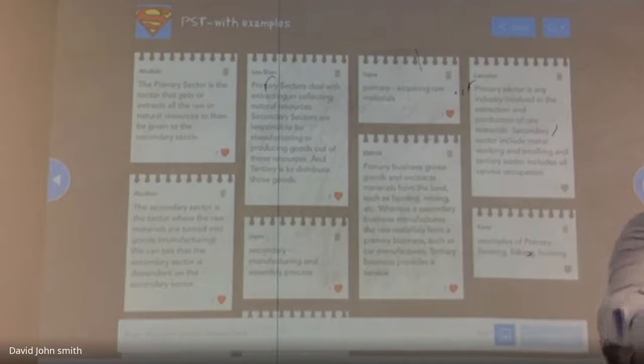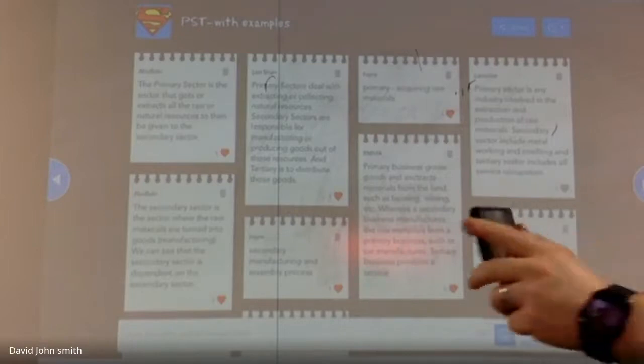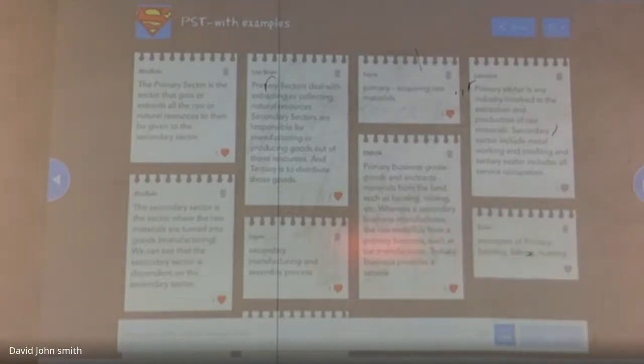So that's the right angle. Just put it on that way. Trying to work out how to do a tweet of the answers that you're posting.